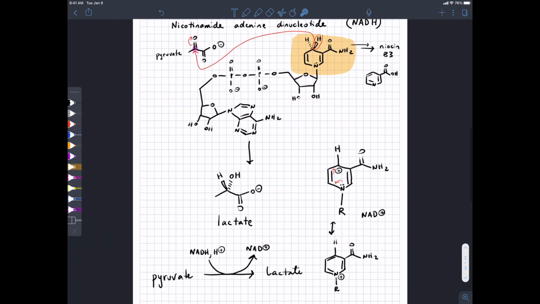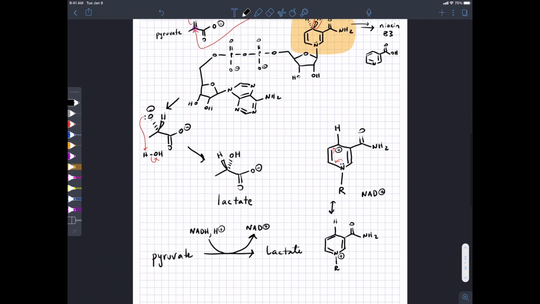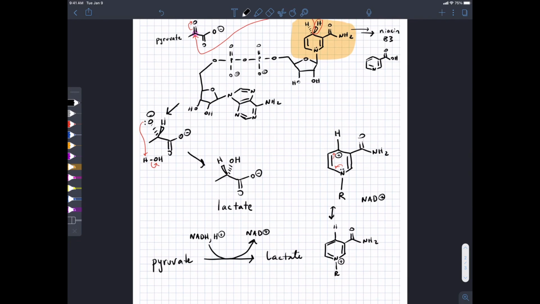That's just shorthand, recalling the fact that first, when you reduce the pyruvate, you have a negatively charged oxygen tetrahedral intermediate, which then in the next step gets protonated by water or something else to give you lactate. And notice before, I told you that was happening in words, and I just drew the arrow, and I said we were lazy and we were okay with that.